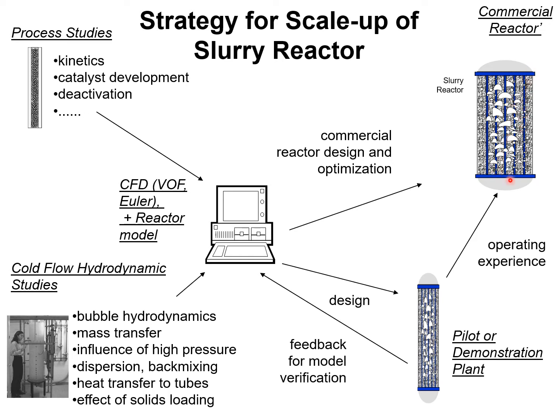The reactor has gas dispersed into a slurry phase, and the slurry phase consists of the oil products along with suspended catalyst particles that could be as small as 50 micrometers in diameter.